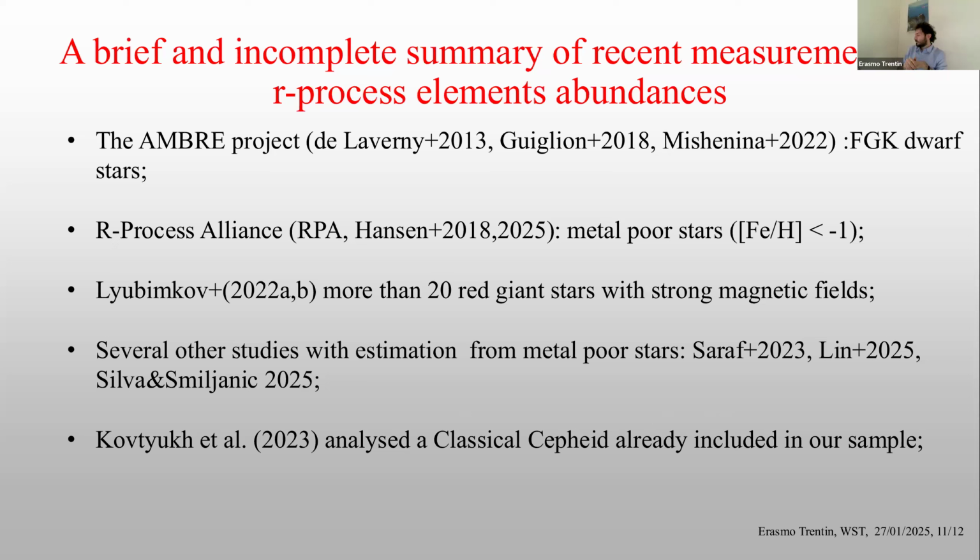Another, slightly more exotic kind of stars are red giant stars with strong magnetic fields by Lyubimov, 2022 A and B. More than 20 of these stars have been analyzed, but again, we are working with either low metallicity stars or old stars or a combination of the two. Then there are several other studies for metal-poor stars, Sarah, Flynn, etc.